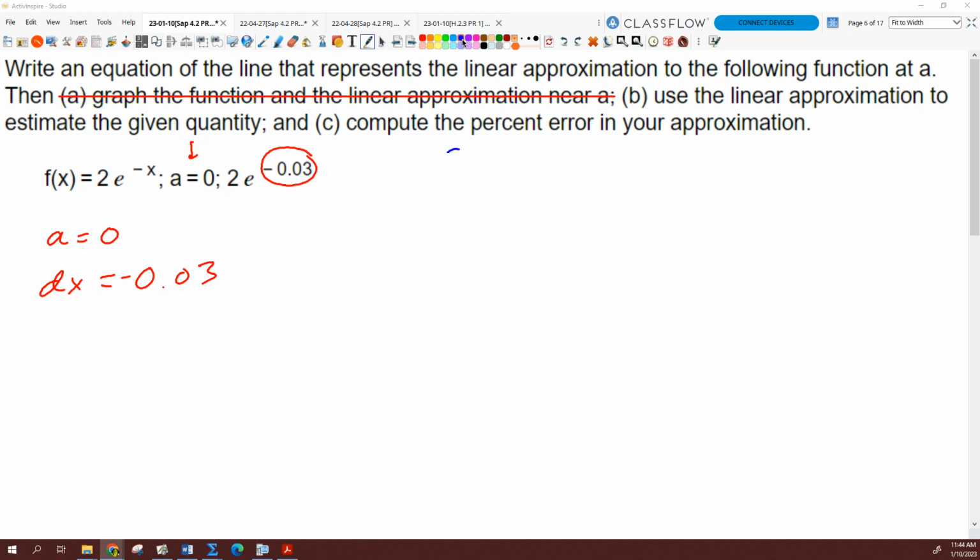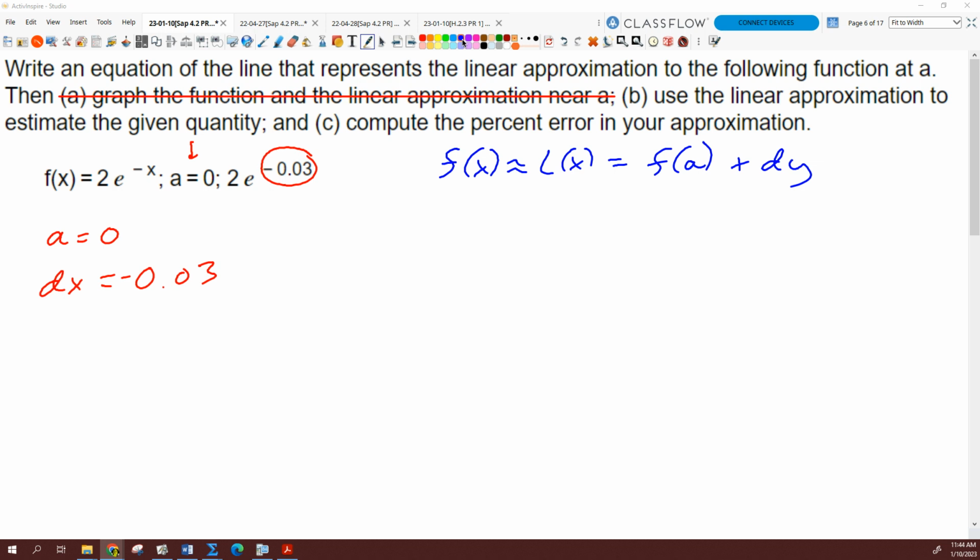We know that the value of the function at x is approximated by L of x, which is just going to equal the starting value of the function at the point of tangency plus dy, right? What does dy mean? dy is the response to the function of a bump by dx.